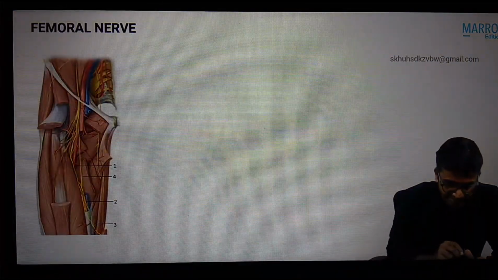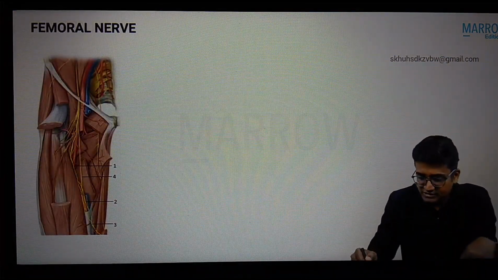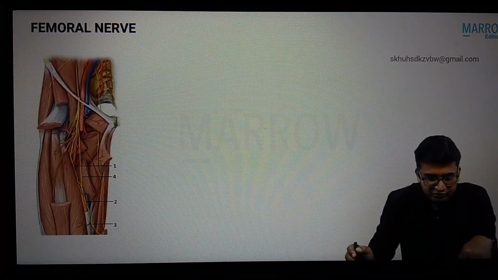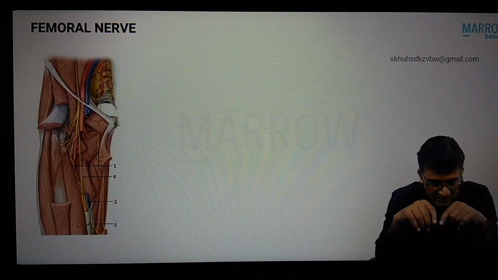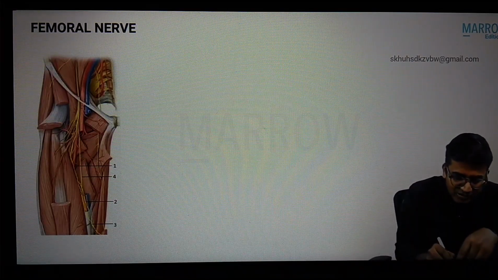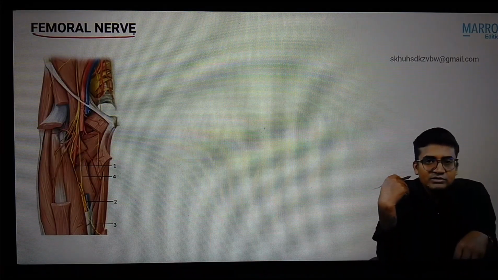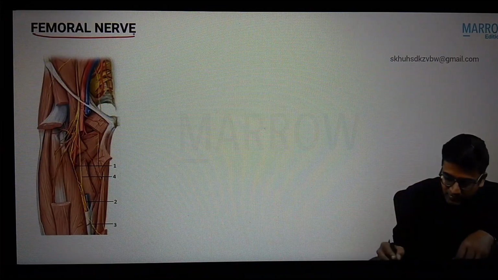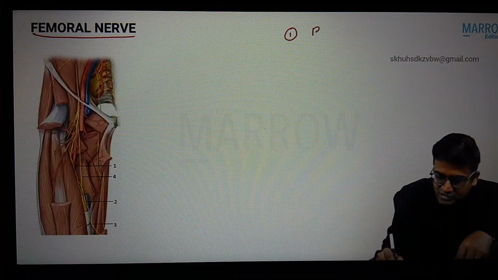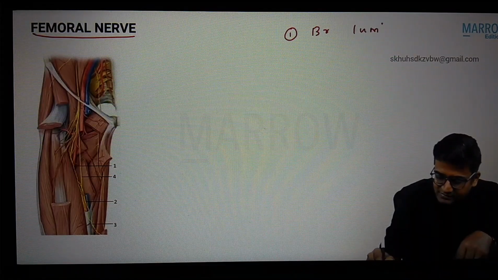Now next, we're going to see in detail about the femoral nerve. So we're going to write some basic points for the femoral nerve. It is a branch of the lumbar plexus.